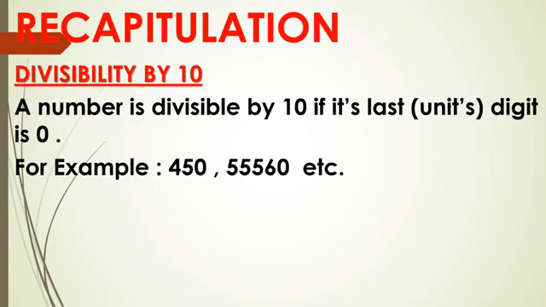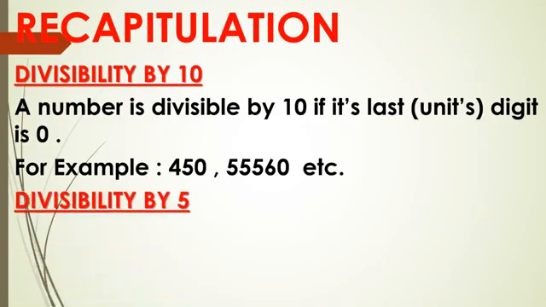If it is 0, then the number is divisible by 10. For example, 450, 55,560 and so on. In both these examples, ones place digit is 0. So these numbers are divisible by 10.